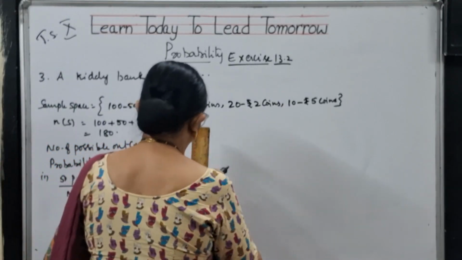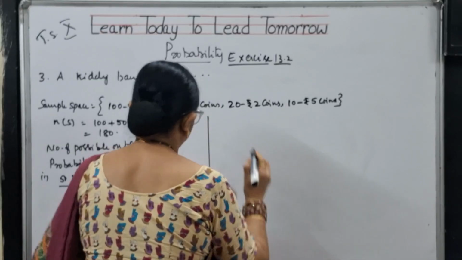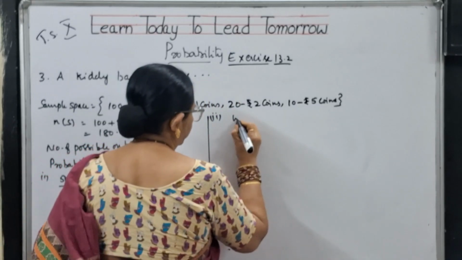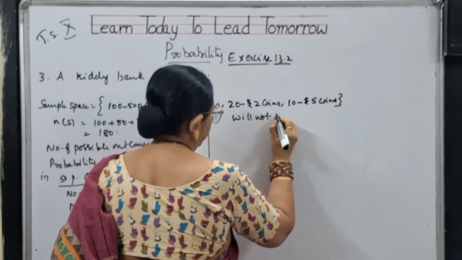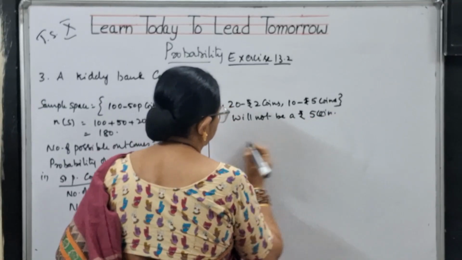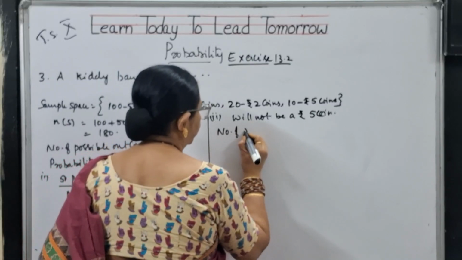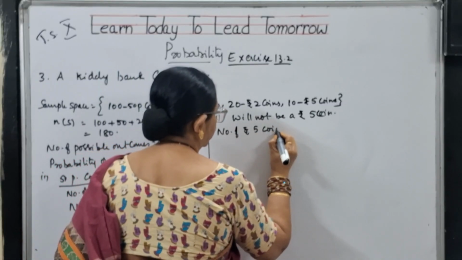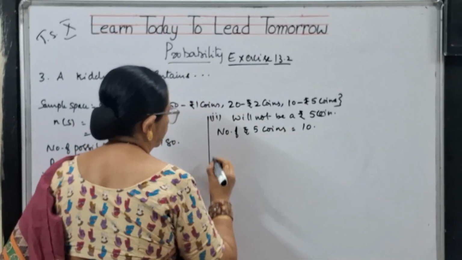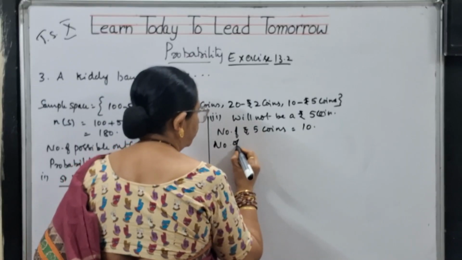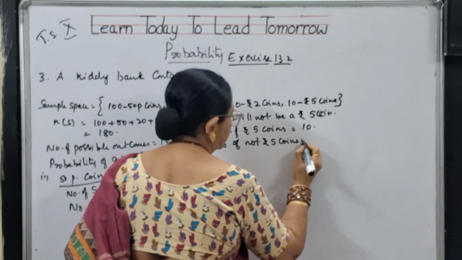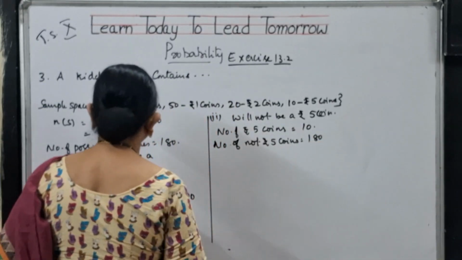Now, second bit is will not be a 5 rupee coin. So first write down what is the number of 5 rupees coins. How many are there? 10. So number of not 5 rupees coins is nothing but total 180 coins are there.